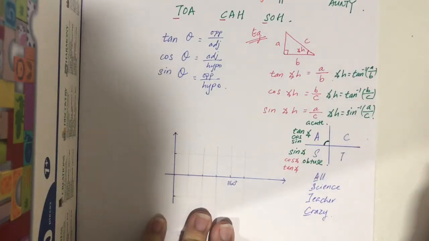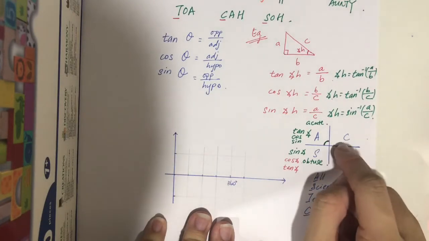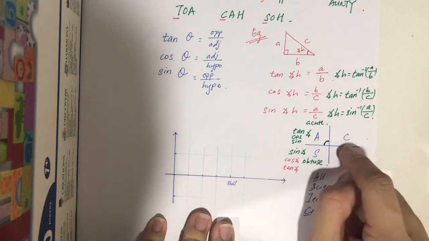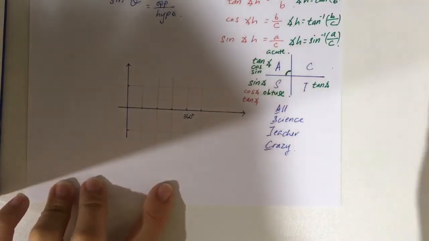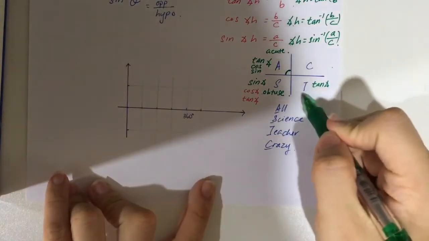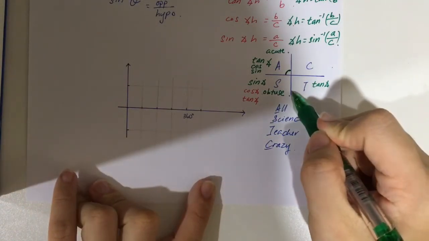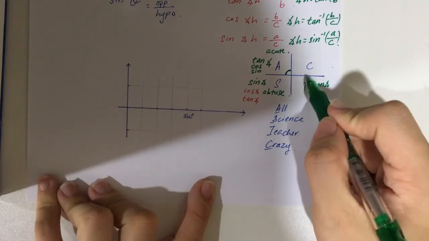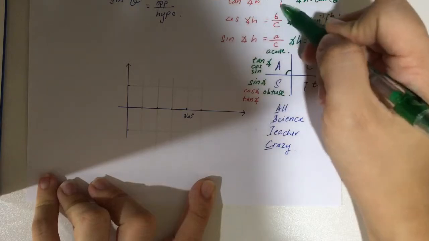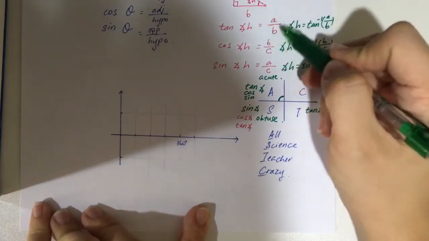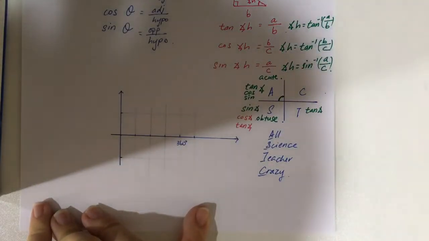Then what about this angle here? This angle here will be between 180 degrees to 270 degrees. Between 180 to 270 degrees, tangent of the angle will be positive. This one will be a positive number.